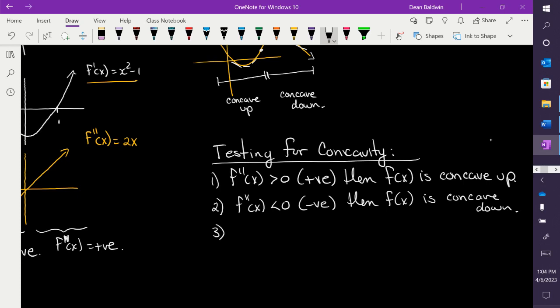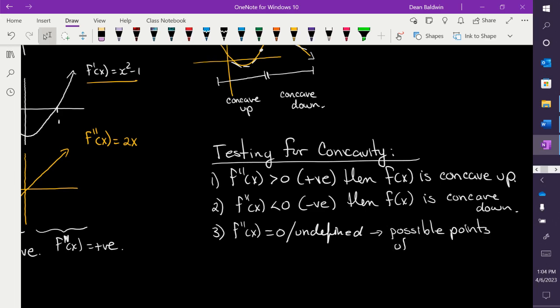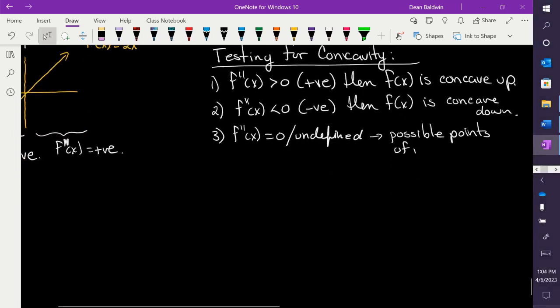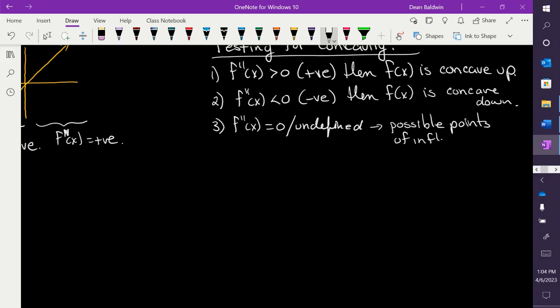And when the second derivative equals 0 or is undefined, we're going to call those possible points of inflection.